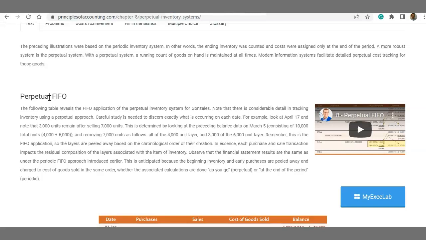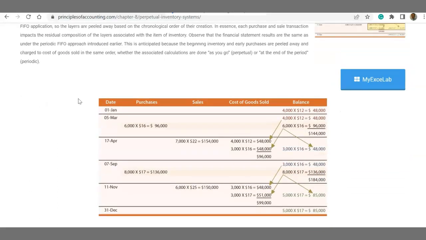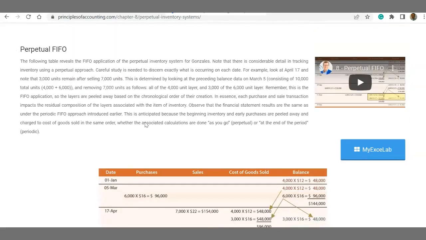That's fine. But for perpetual, normally you just use FIFO perpetual or moving average perpetual. As you see, I don't call it weighted average perpetual. I call it moving average perpetual. The reason is moving average because every time you buy a t-shirt, then you are changing the moving average in the inventory cost. So here is the so-called perpetual FIFO.